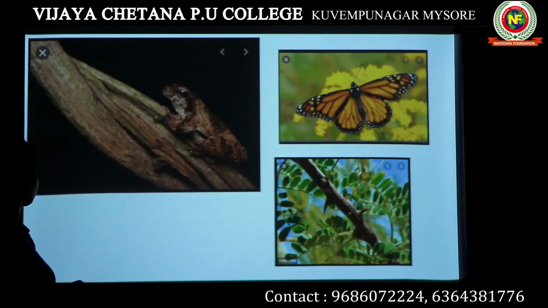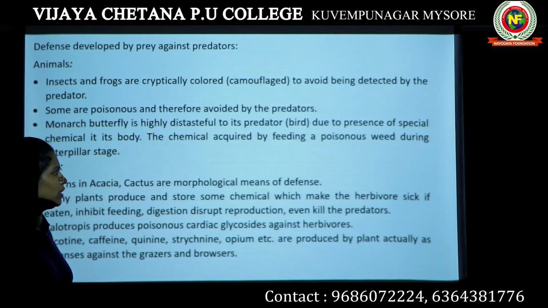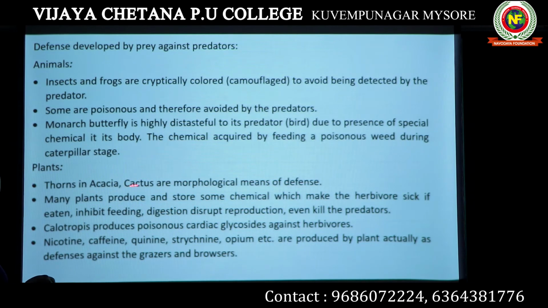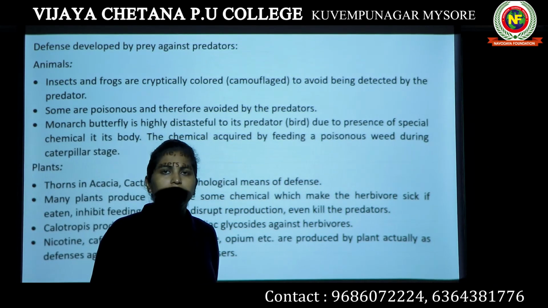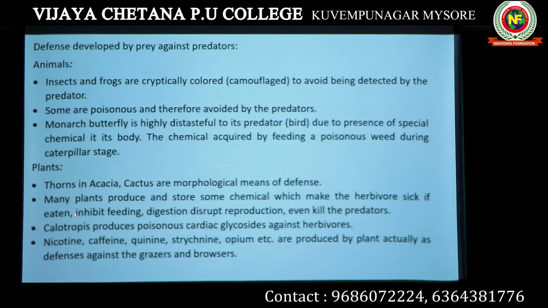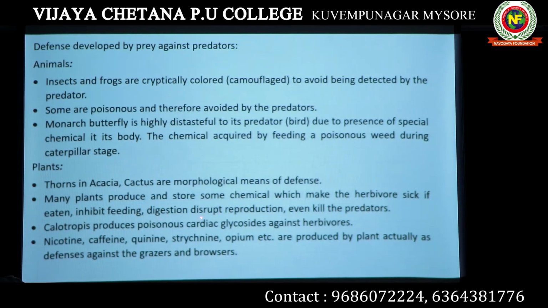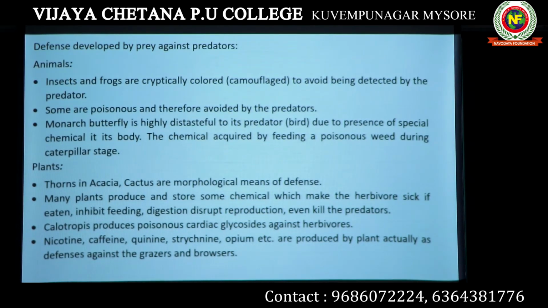Also cactus. We have already seen the picture of the cactus. They develop thorns, which are a morphological means of defense, present on the plant surface in order to avoid predators. Many plants produce and store some chemicals which make the herbivore sick if eaten, inhibit feeding, digestion, disrupt reproduction, even kill the predators.